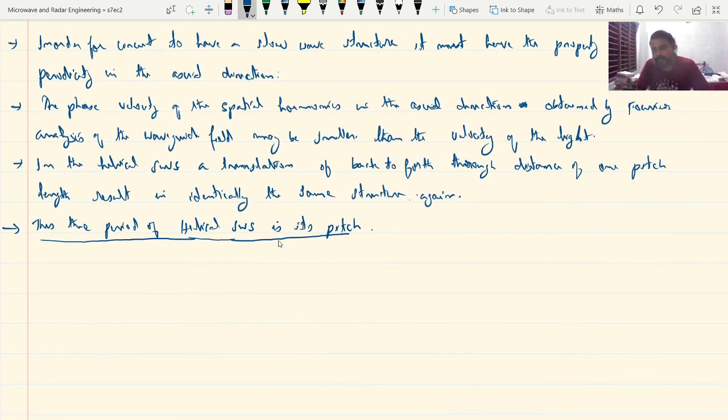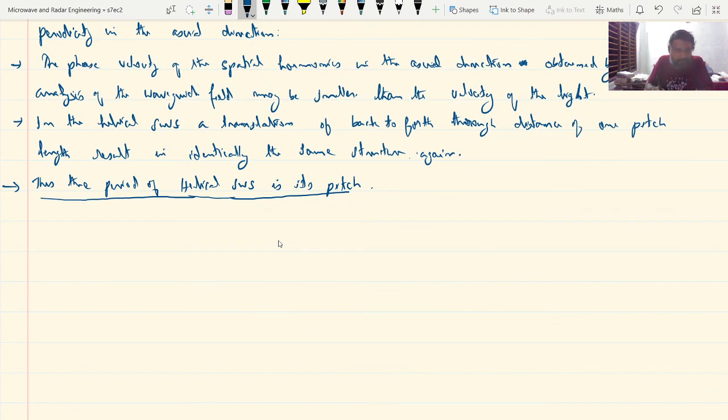So in general, the field of a slow wave structure must be distributed according to Floquet's theorem for periodic boundaries. It's not so important, I am writing it here only for your general purpose.